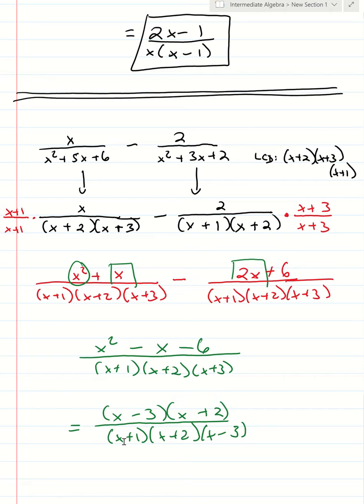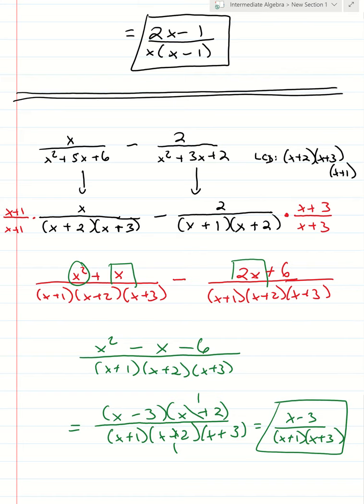As always, we look to see if we can use that fundamental principle of fractions, and sure enough, the x plus 2 on the top and bottom simplify. What remains is the x minus 3 on the top, and on the bottom we have x plus 1 times the x plus 3. And that is your simplified expression.